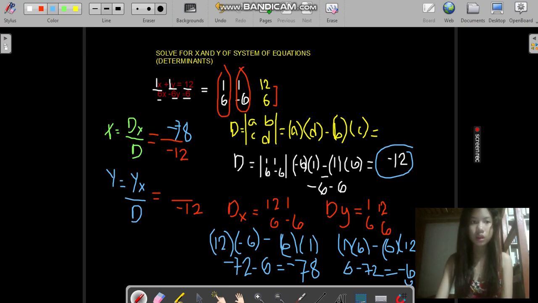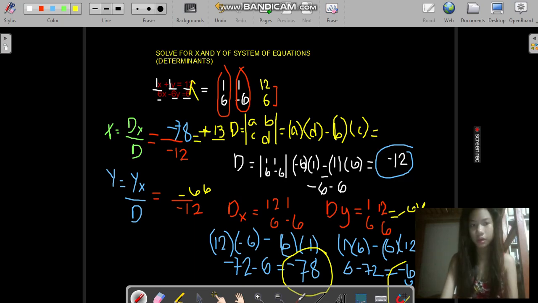So let's integrate our answers: Dx equals negative 78 and Dy equals negative 66, each over negative 12. We need to simplify it to ensure it's the correct answer. It's gonna be 13 over 2.